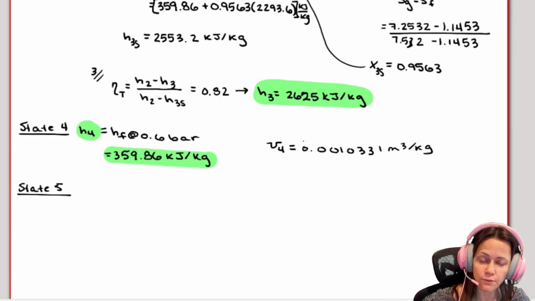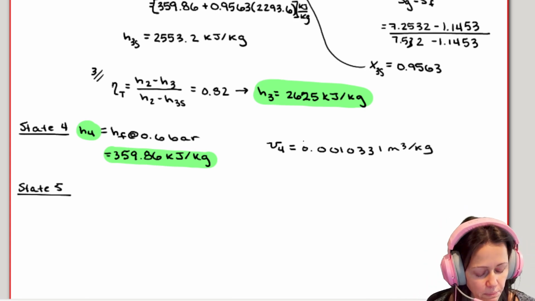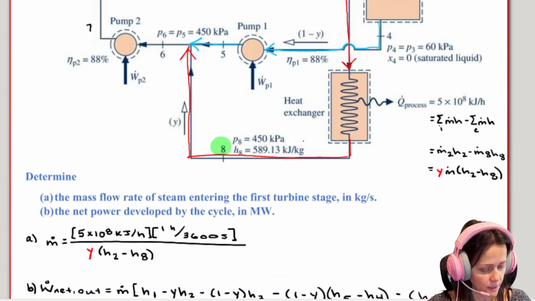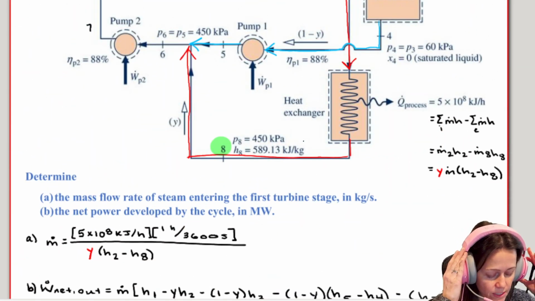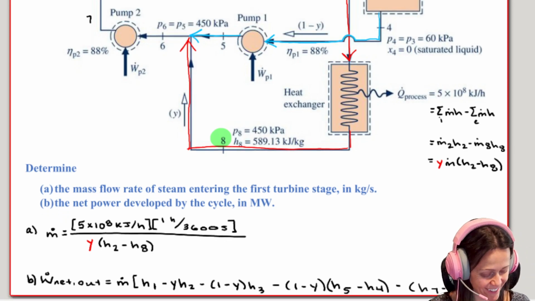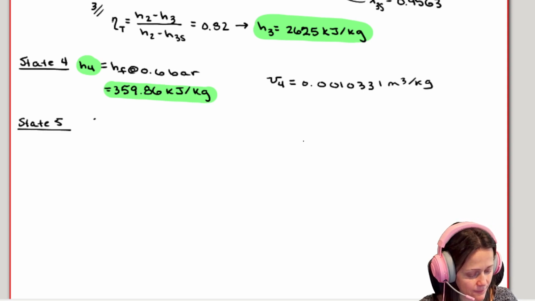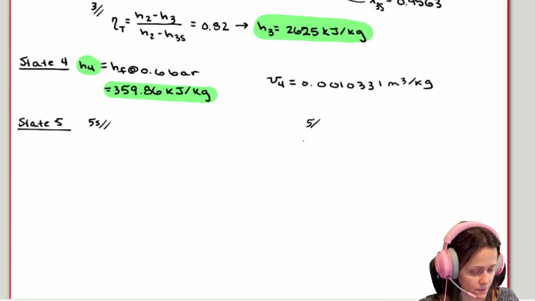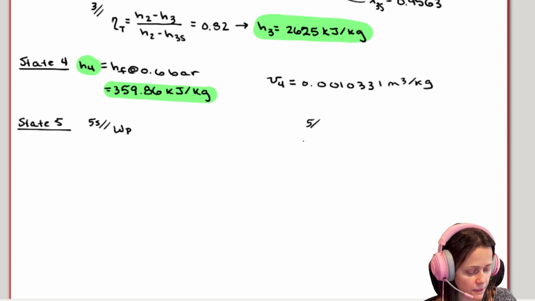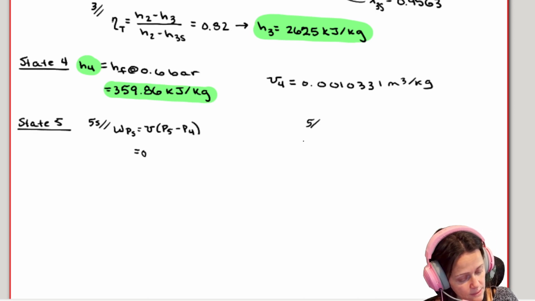State 5: I've got a pump, right? And the pump has an isentropic efficiency of 88%. So 5S, state 5, I'll put over here. So isentropic pump work is V dP, V times P5 minus P4, with 0.001031 per kilogram.